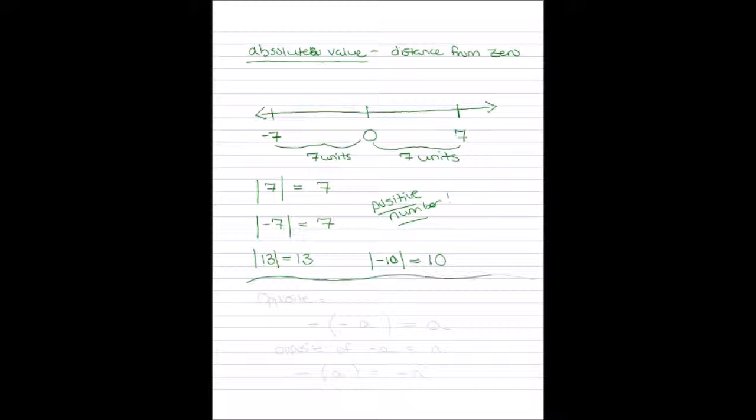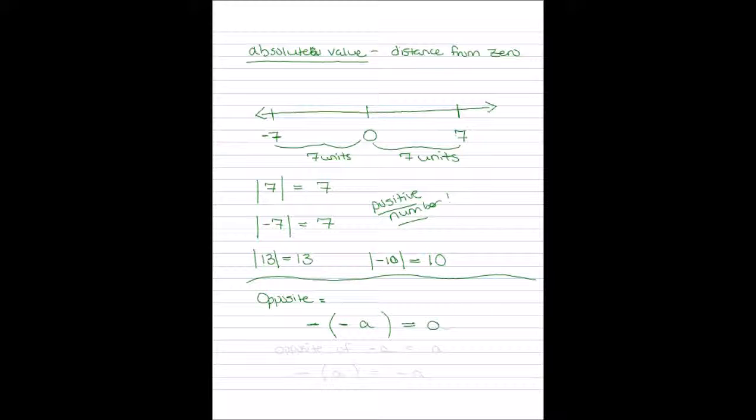Now, this can be confused with opposite. So, you may see something that looks like this. Negative, negative A. So you have a negative on the outside and you have a negative inside the parentheses. When you bring these two negatives together, it's going to make a positive.